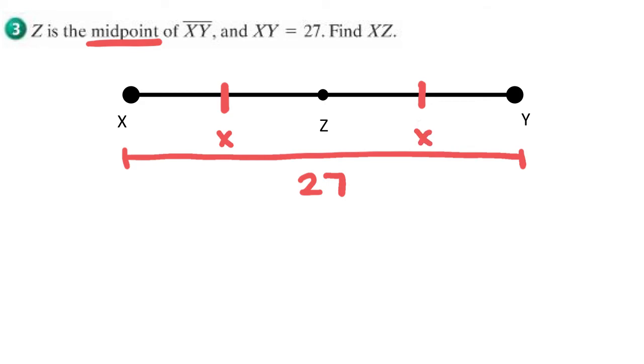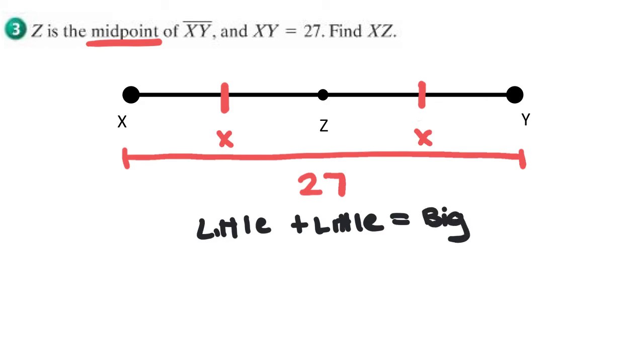If I were to use segment addition now, it's still that idea of little plus little equals big. So in this case, our first little is this segment x plus the second little is the segment ZY, which is x, equals the big segment, which has a length of 27.